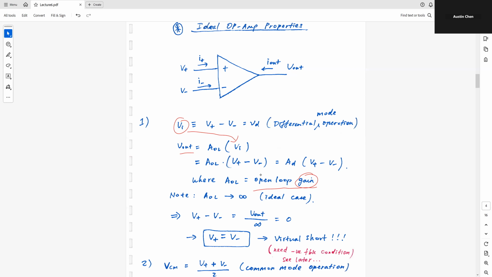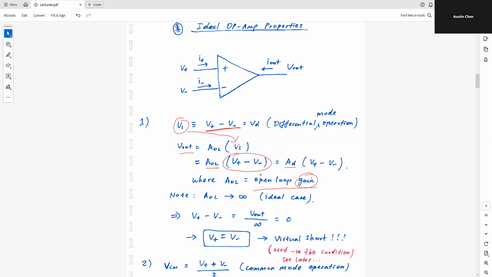So AOL times VI is equal to AOL times (V plus minus V minus). This is just a rewrite. And this is also equal to AD. Sometimes different books like to use different notation.